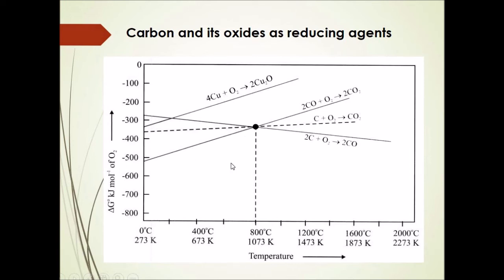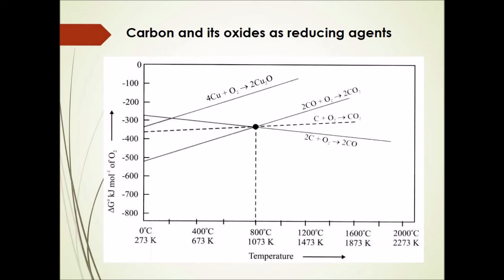So at temperatures below this range, that is 1073 Kelvin or 800 degrees Celsius, carbon monoxide acts as a better reducing agent. Similarly, at temperatures above 1073 Kelvin, coke, that is carbon to carbon monoxide, acts as a better reducing agent because this curve lies below. With increase in temperature, or at high temperature, carbon or coke acts as a better reducing agent.